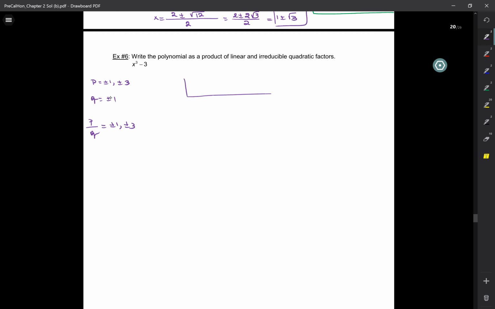Let's see, what do we have here? You have 1, 0, 0, 3 for x to the power of 3, 2, 1, 0. You try every single one, and guess what? None of them work. That just means there are no rational zeros. Well, let me write that here.